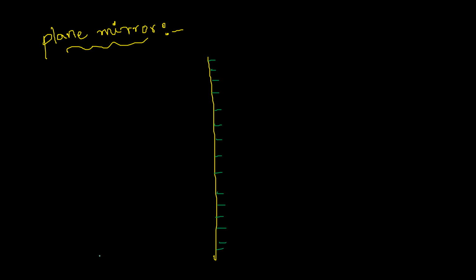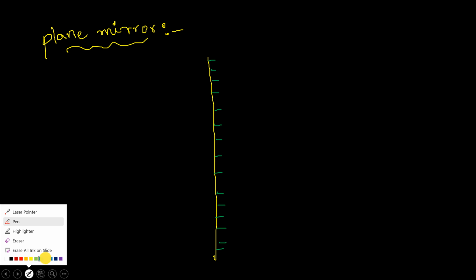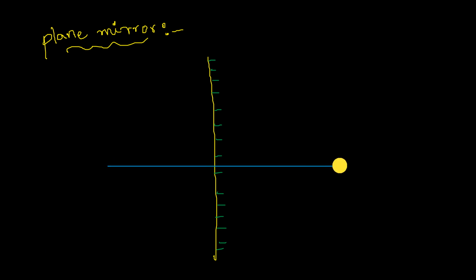This object, AB, is the object height. How many light rays are required to form the image of the object? Minimum 2 light rays are required. So I am taking 2 light rays, one light ray and another, and each will be reflected back.